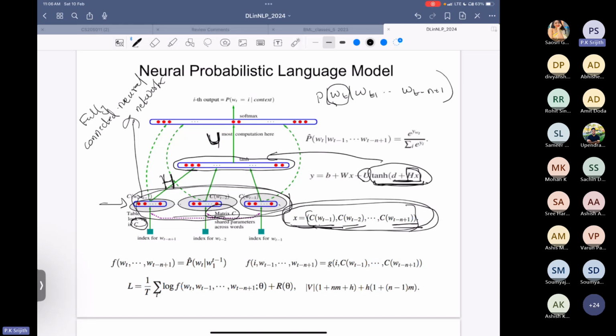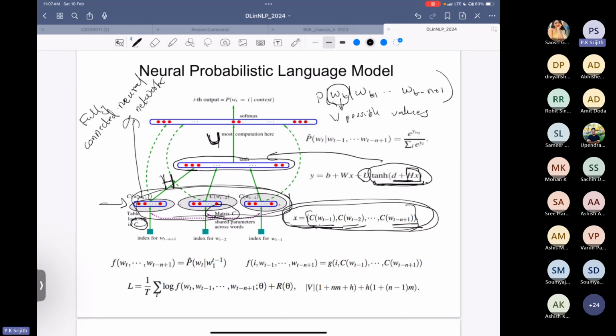WT is the t-th word, and if your vocabulary size is V, there are V possible words in your vocabulary. So WT can take V possible values, corresponding to each word in the vocabulary. And you want to find out the probability that WT is the first word, the probability that WT is the second word, the third word, the fifth word, right?